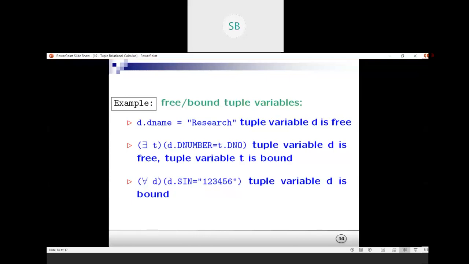Anyone not clear? Yes. Ankita, is it clear? Free, bound variable, safe and unsafe expression. Ankita, if your mic is not working, you can write in chat which part is not clear, because these are important.